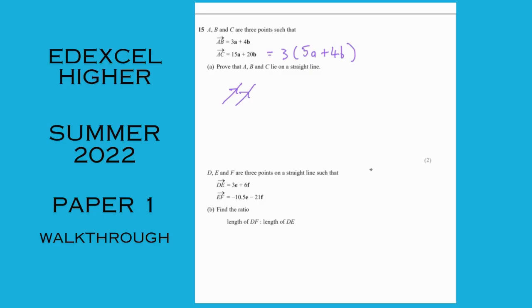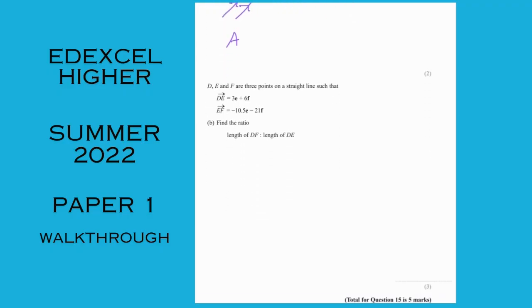They also both start at A. And if you've got 2 parallel lines that start from the same place, they are on a straight line. So put in your own words, don't overcomplicate, all right, but that's all you need for those 2 marks.